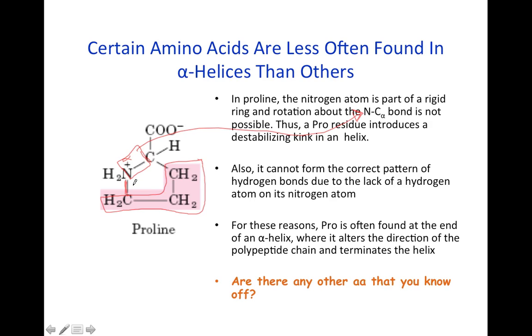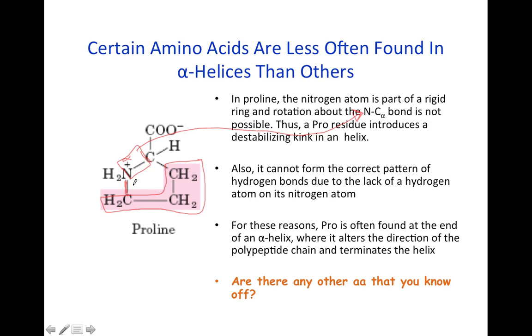Because it lacks that hydrogen, it cannot form the correct pattern of hydrogen bonds. Remember, the main form of stability in the alpha helix is the hydrogen bonds. So for these reasons, proline is often found at the end of an alpha helix, where it alters the direction of the polypeptide chain and terminates the helix.